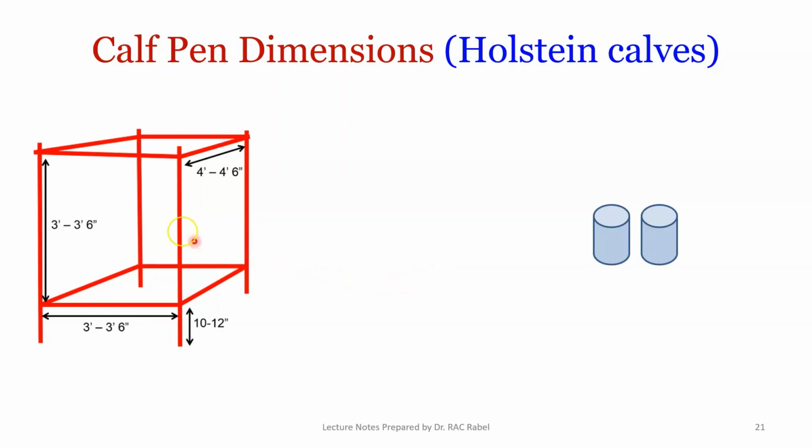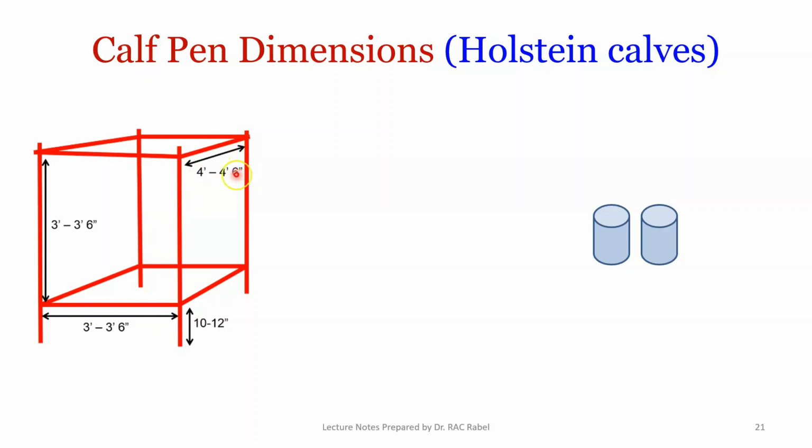Typically, like I also said earlier, we can't give set dimensions because certain breeds can be smaller than others, right? So we say usually 3 to 3.5 feet wide, right, and 4 to 4.5 feet long.